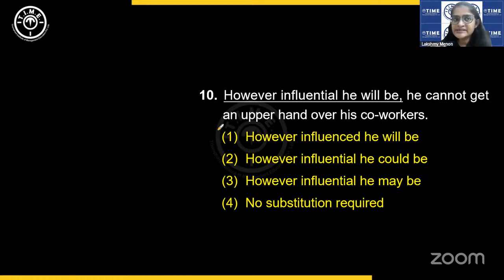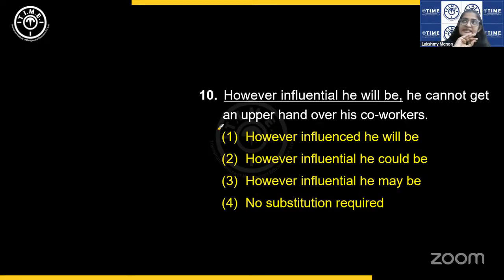However, what is the sense here? The sense here is he may be very influential, still he cannot dominate over his co-workers, right? So what you need here is a possibility: however influential he may be.